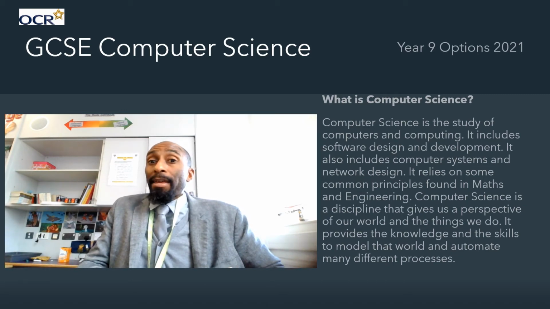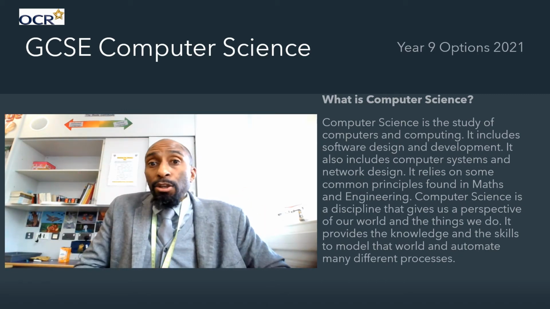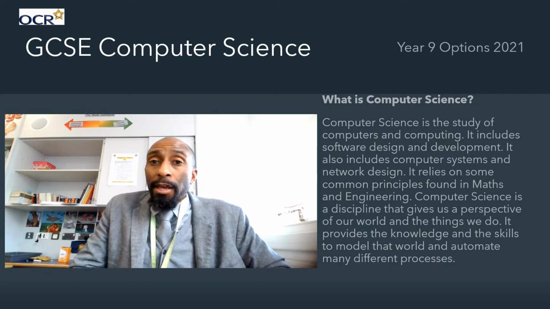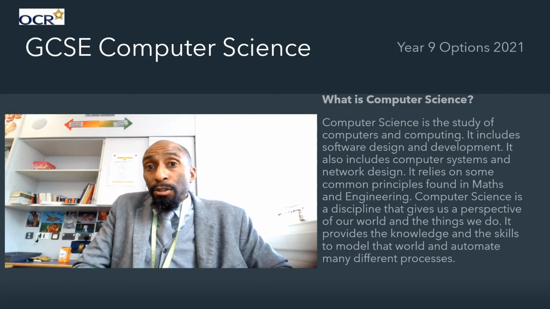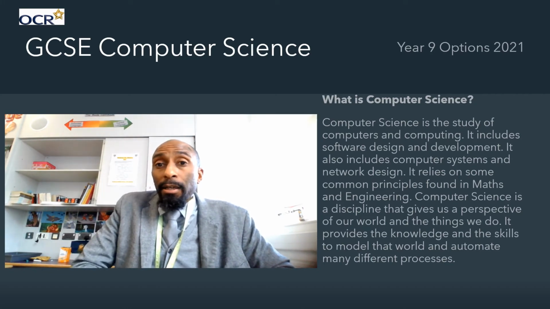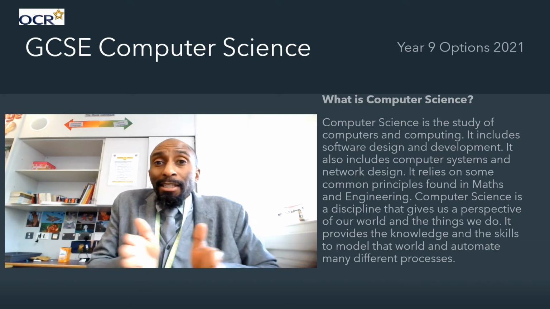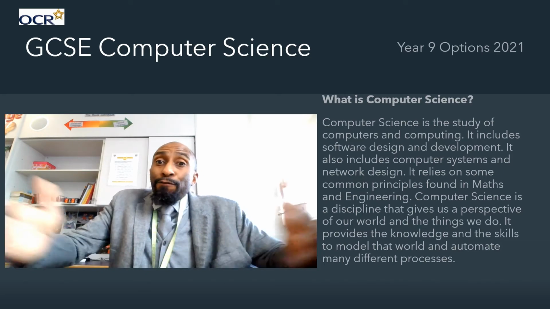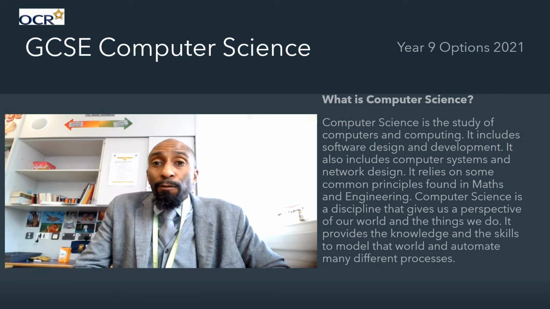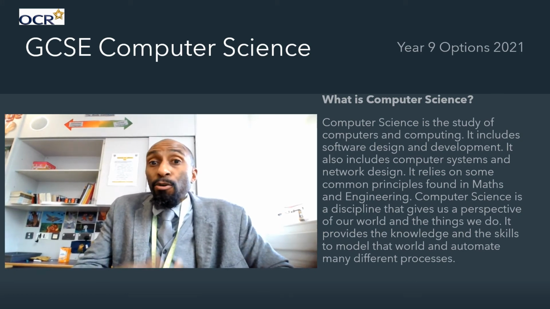Or you could just bank it and use it in the place that you want to use it. Or you could be a software designer, software developer, computer systems architect, or a network architect. The choice is yours. Computer science doesn't limit you. It actually frees you to choose a wonderful range of subjects or careers.